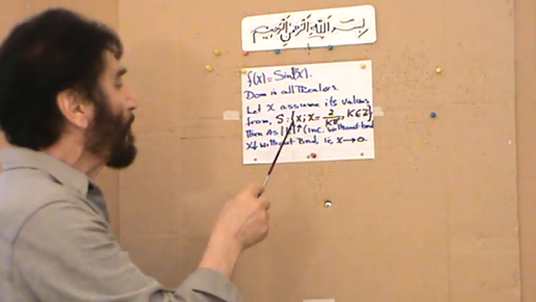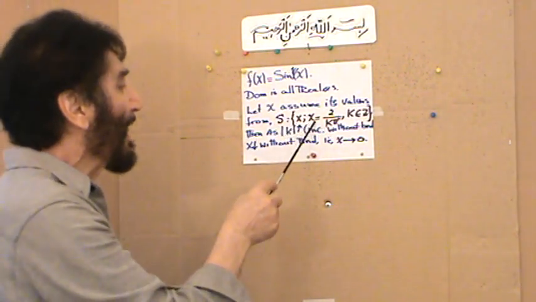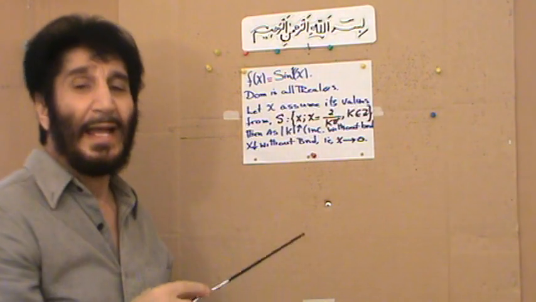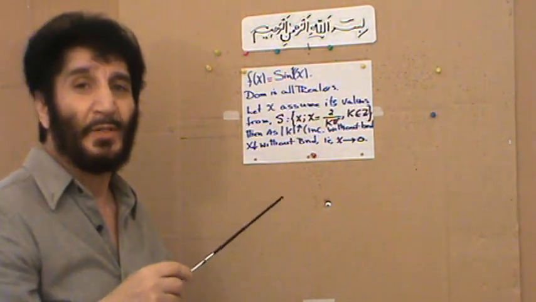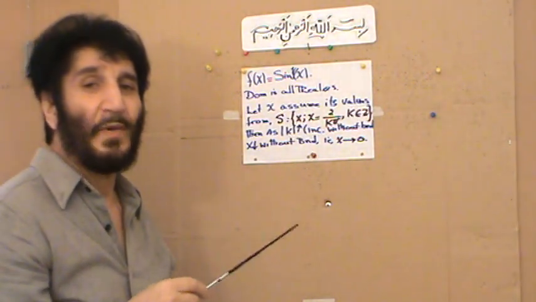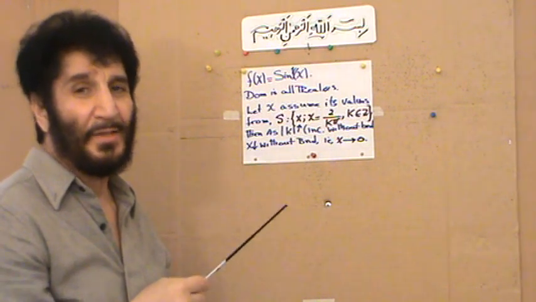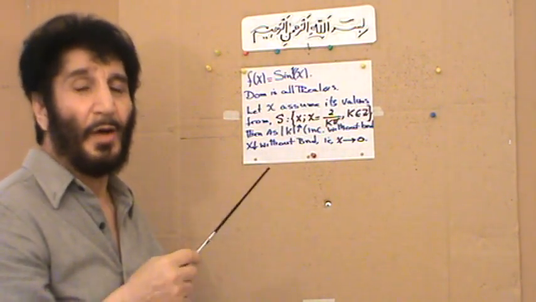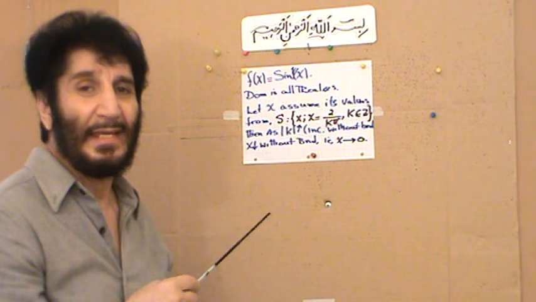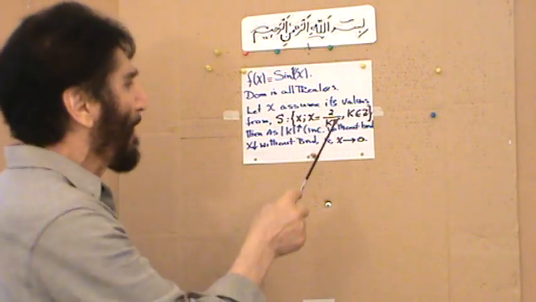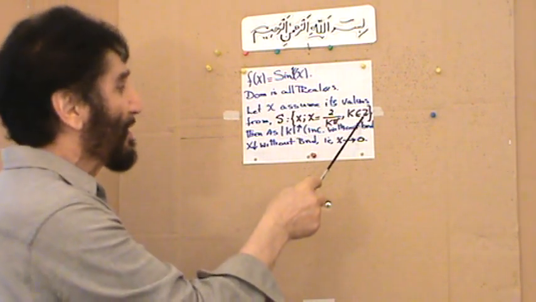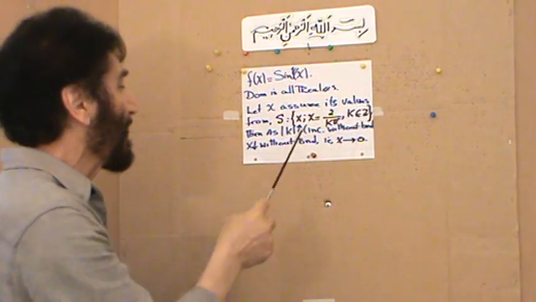So let S be the set of all x such that x equals 2 over k pi. But naturally k cannot be 0. Other than that, k can be any integer. I don't even have to mention 0.